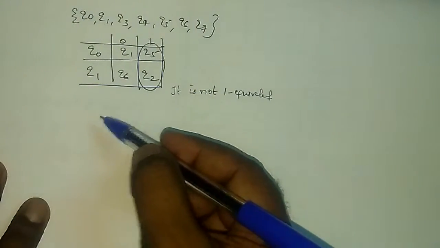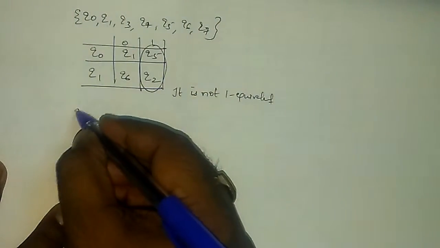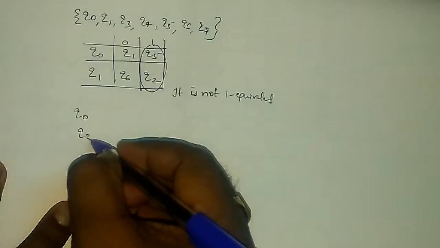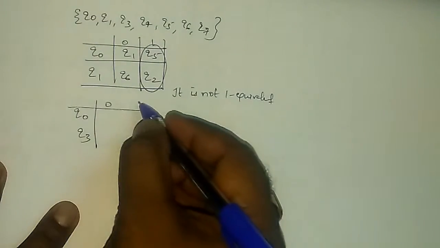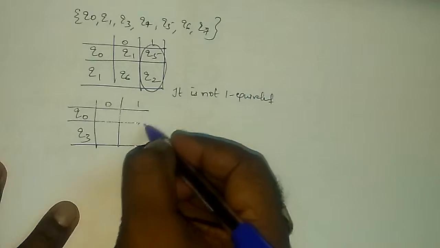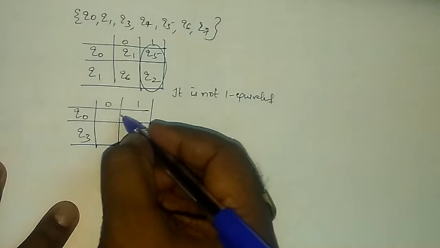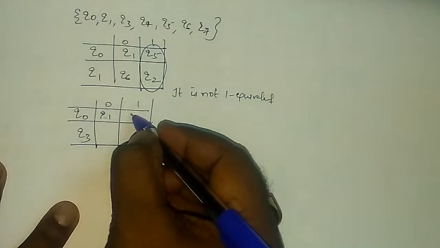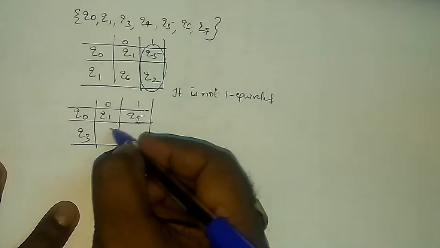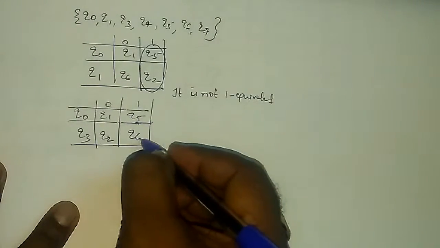Next we should compare Q0 with Q3. My inputs are 0, 1. Q0 on 0, Q1, Q0 on 1, Q5, and for Q3, Q2, Q6.